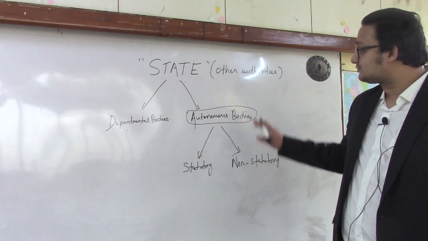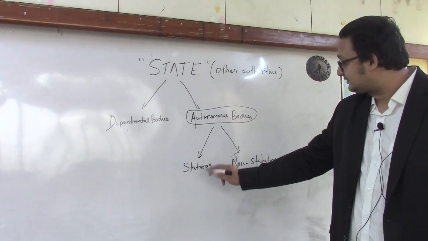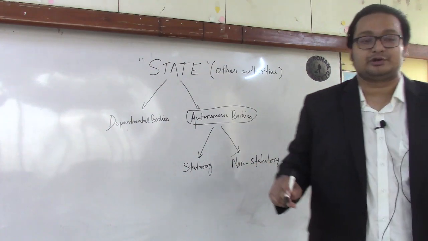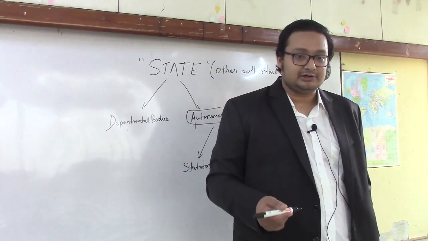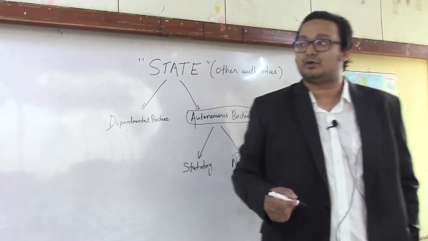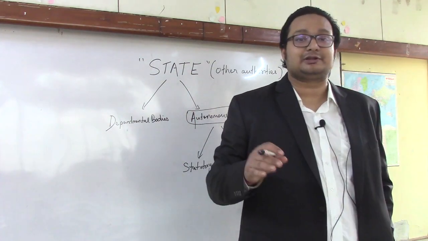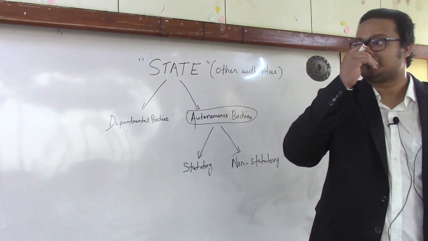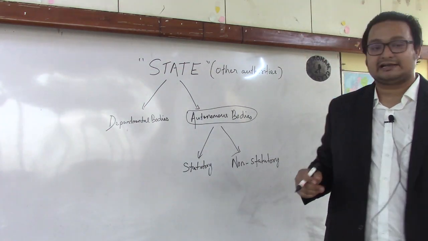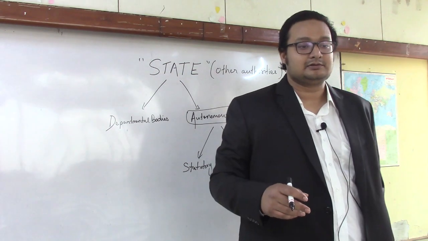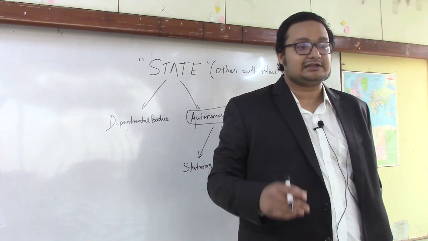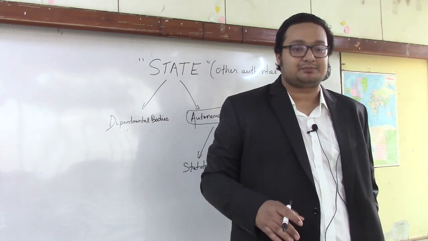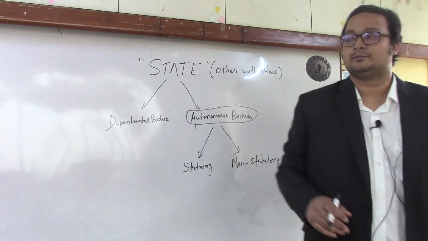Now, these autonomous bodies can either be statutory or non-statutory. What do we mean by statutory? That a particular body has been established by the method of legislation. You can note this down. A statutory body is any body that is established by the method of legislation.